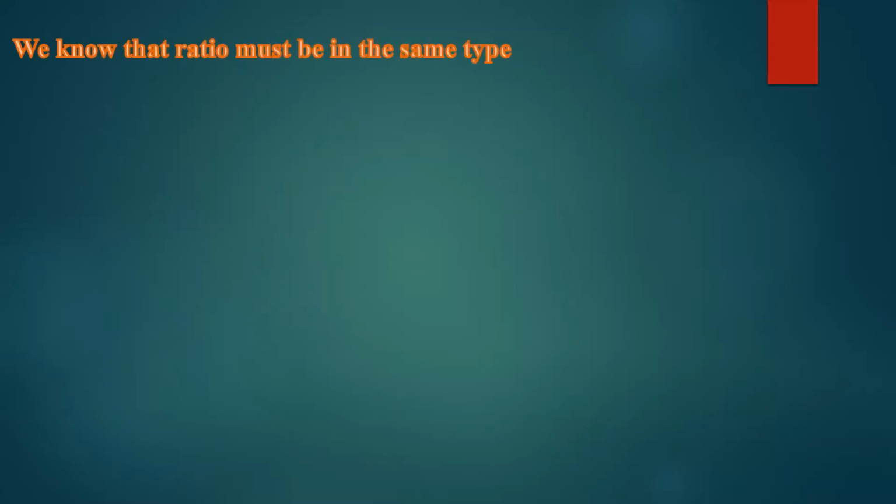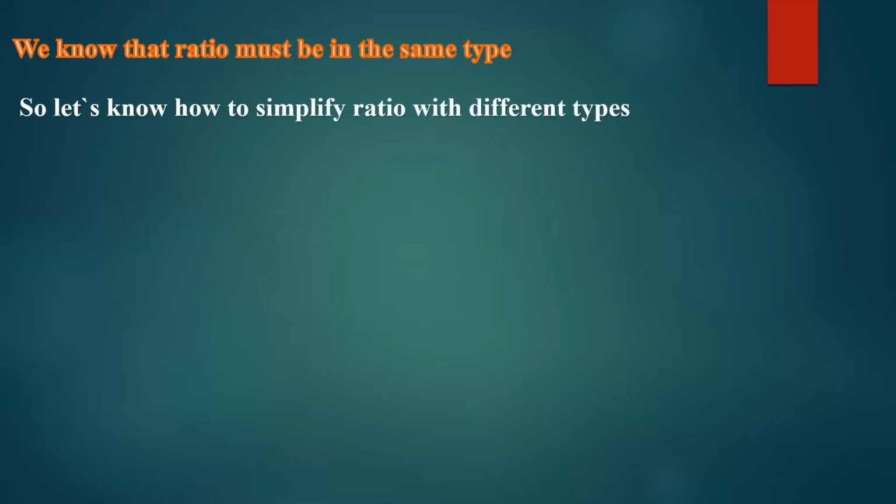Okay, and we know that the ratio must also be in the same type. Same type means whole numbers. Okay, so let's simplify to know how to reach whole numbers. If we have fraction and fraction, 3 over 4 to 1 over 4. Okay, look at the denominator.